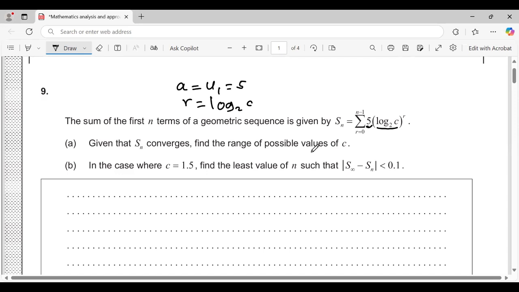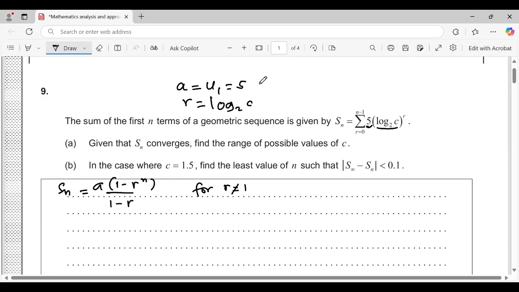In the series, the sum of the first n terms is given by Sn equals a times 1 minus r to the power n over 1 minus r, for r not equal to 1.